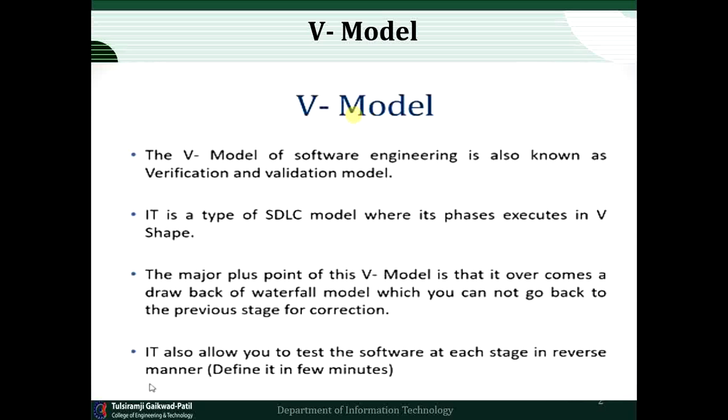It also allows testing the software at each stage in reverse manner, but in the waterfall model we cannot test in reverse manner. That is the advantage of using the V model. In the V model, we can process the model in parallel.